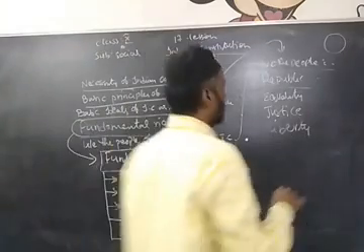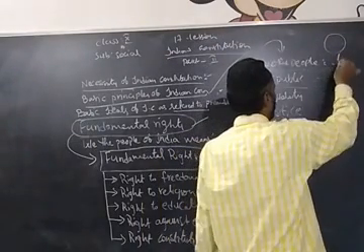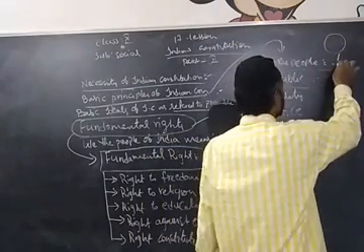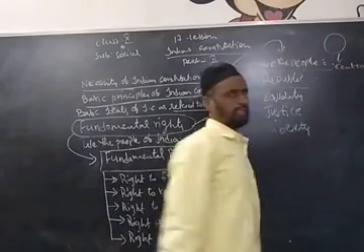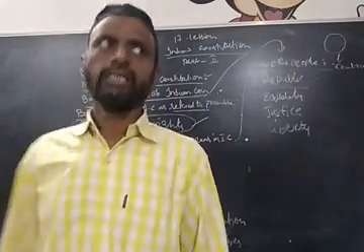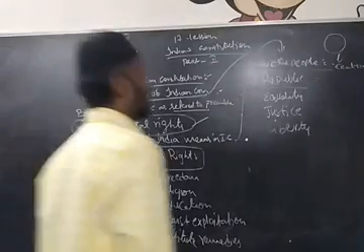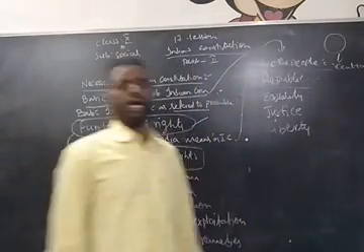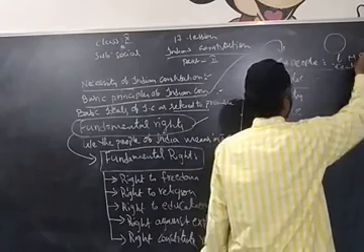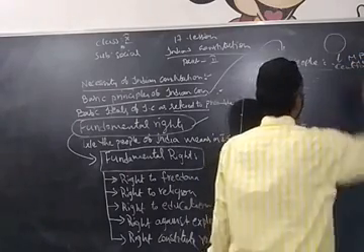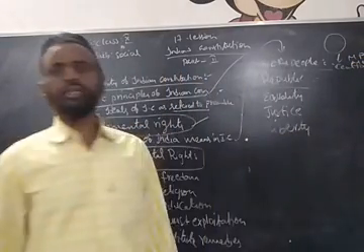MPs together form the central government, with the help of the cabinet ministers, whose head is the Prime Minister. MLAs and MPs are called the representatives of the people.